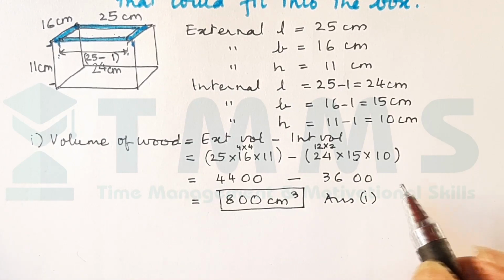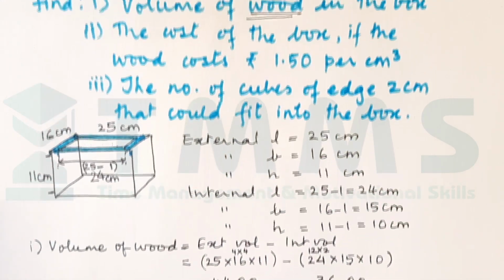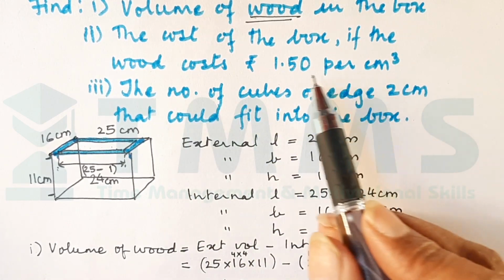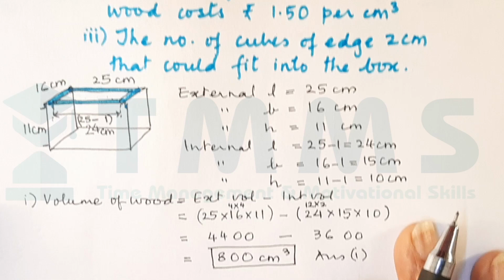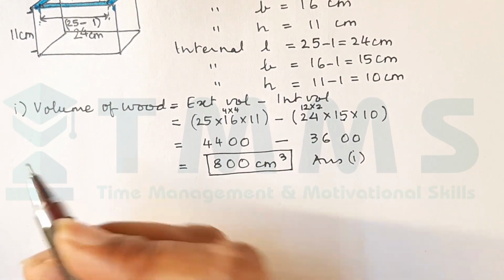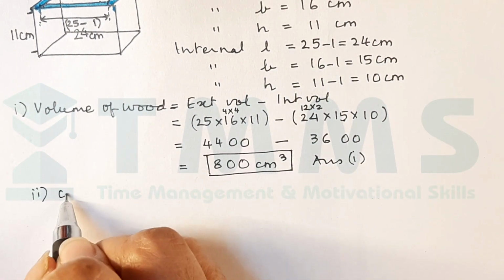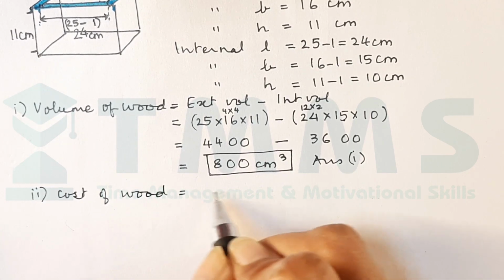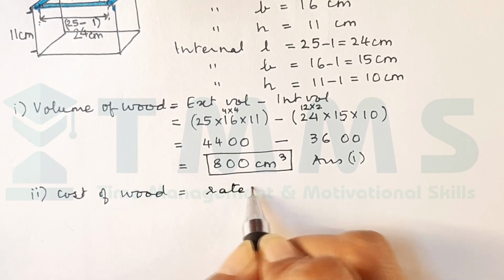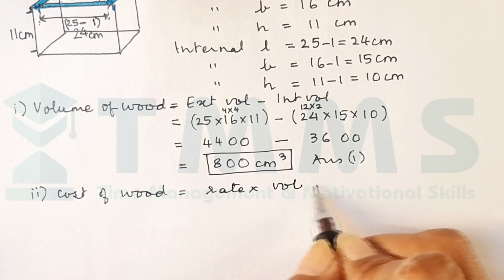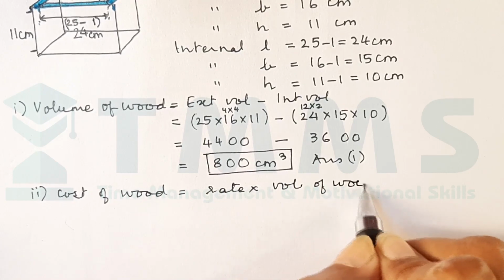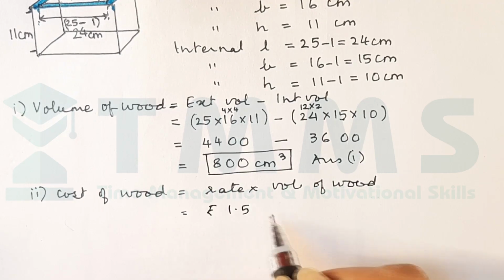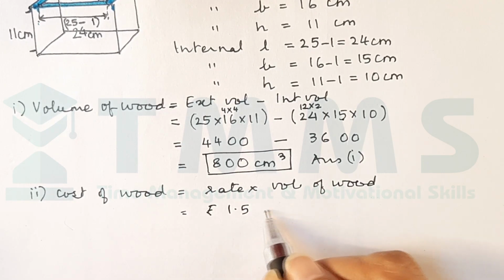Okay, now the second question says the cost of wood we have to find if the wood costs rupees 1.50 per centimeter cube. And so for the cost of the wood, we will take the rate and we'll multiply it by the volume of wood. So the rate is rupees 1.50, but I'll write only 1.5.